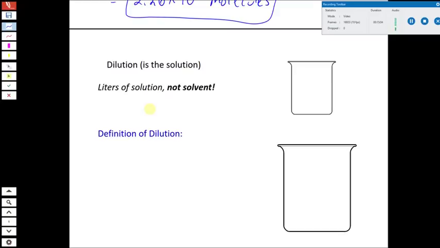And again, it comes down to the idea that we have a certain number of moles of solute dissolved in the solution, and then what we're doing in dilution is just changing the volume of that solution by adding pure solvent to it. Okay? So the definition of dilution is we're just adding pure solvent to a solution, or vice versa, adding a solution to some of the pure solvent.